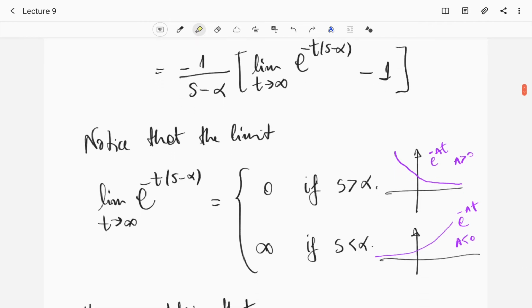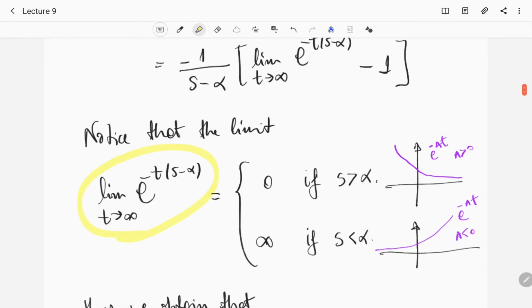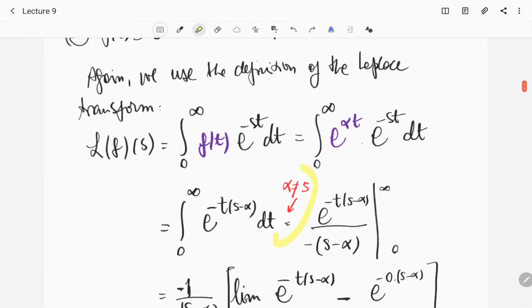So this limit is exactly 0 when s is greater than alpha, because we have this type of exponential. Okay, and it's infinity when s is strictly less than alpha, and it cannot be equal to alpha because of this step.